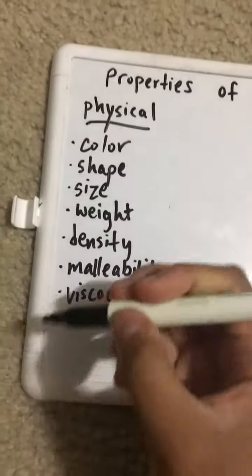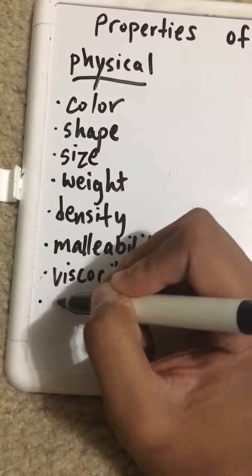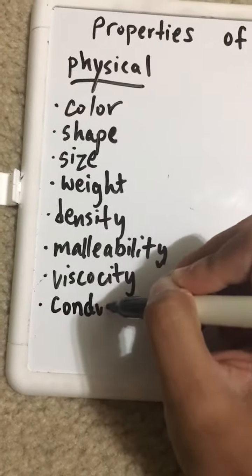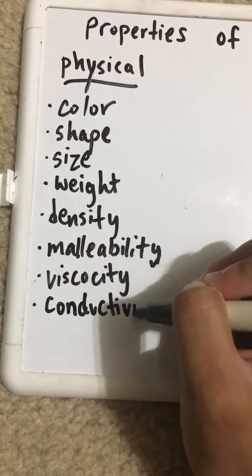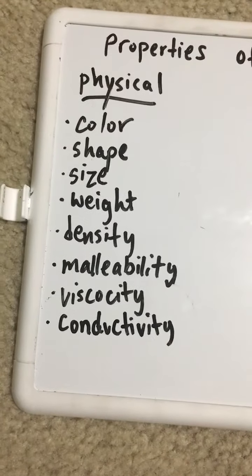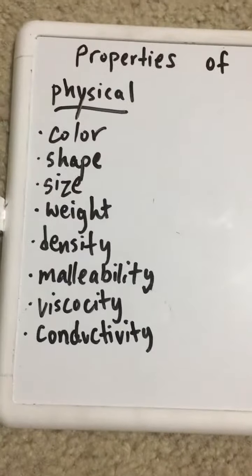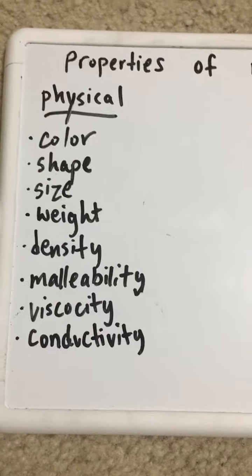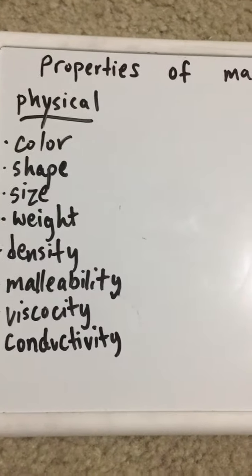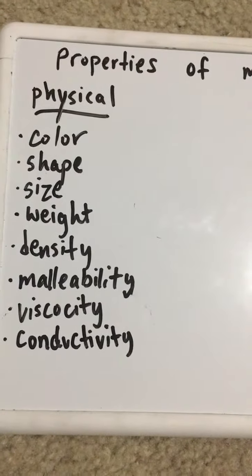And another one that you might not really know, but you may have observed it in everyday life, is conductivity. Now, conductivity is the ability for an object to have a current pass through it. Usually you would see the charging cables of your phones, or the wires connected to your computer. Those are made out of metal on the inside.